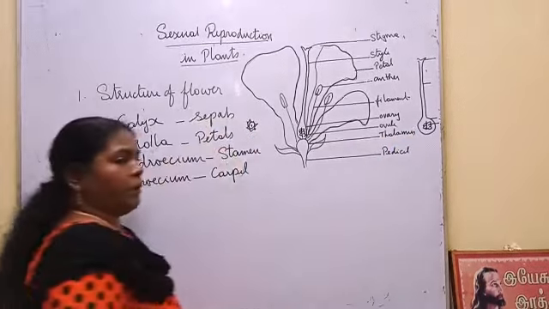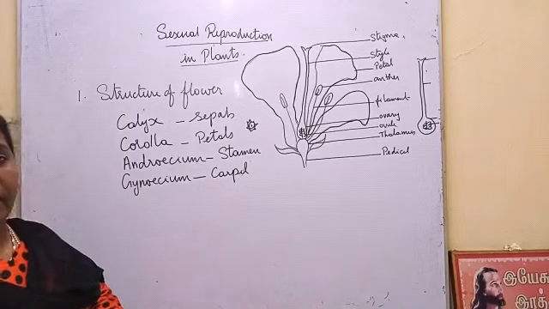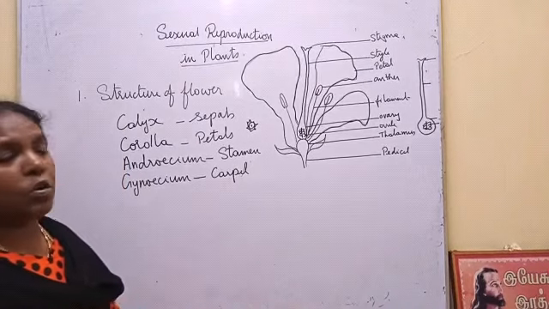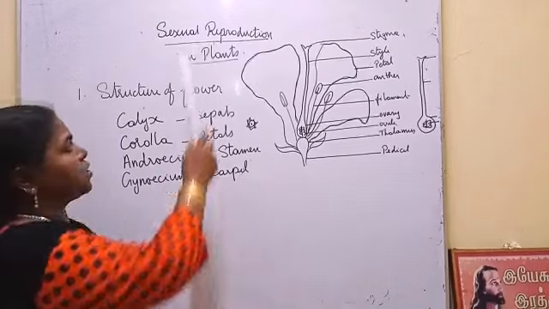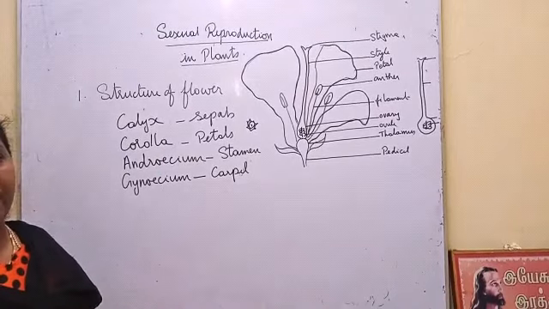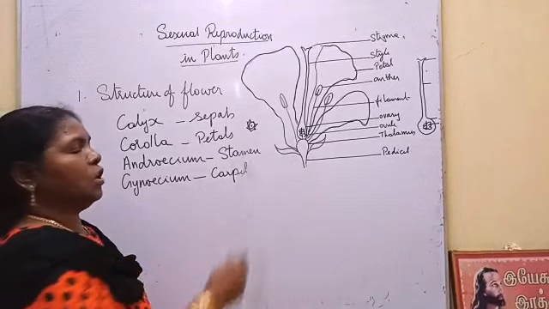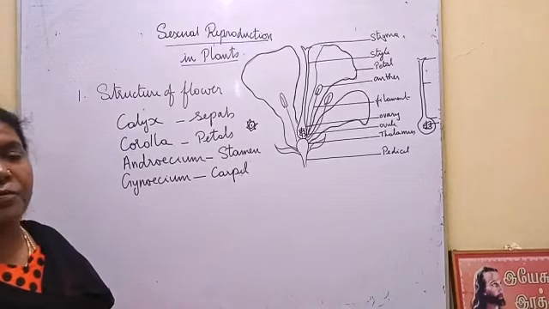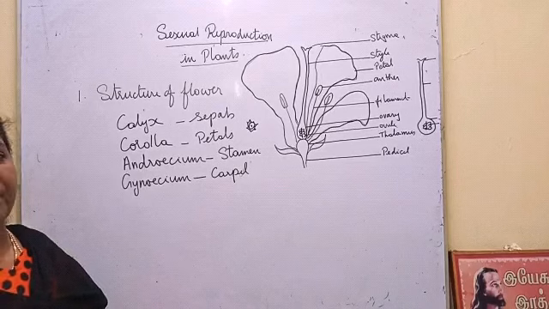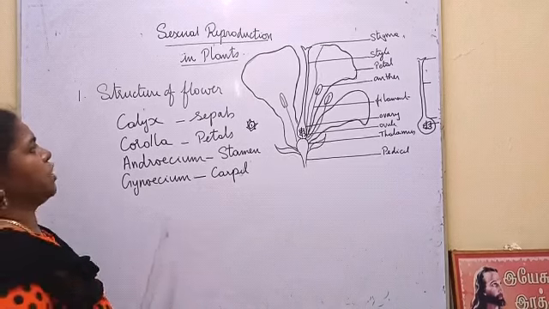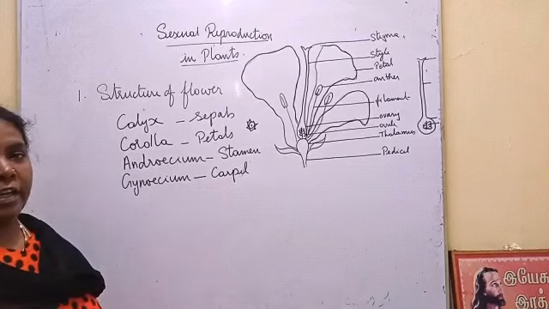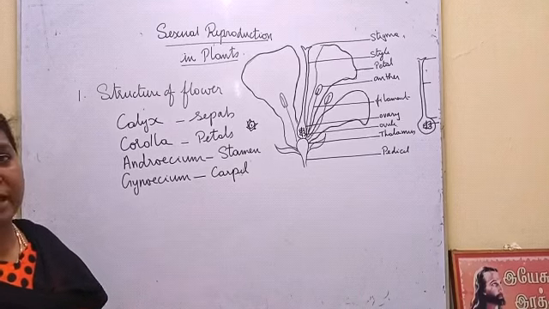Inside the ovule, the female gamete ovum is produced. So, I said sexual reproduction is fusion of male and female gametes. So, sperm should reach the nucleus and fertilization should take place. For that, the first process is pollination. The next process is fertilization.